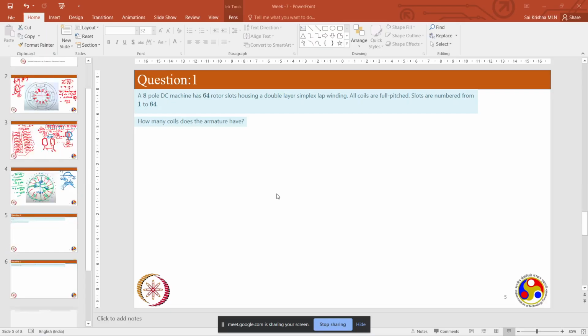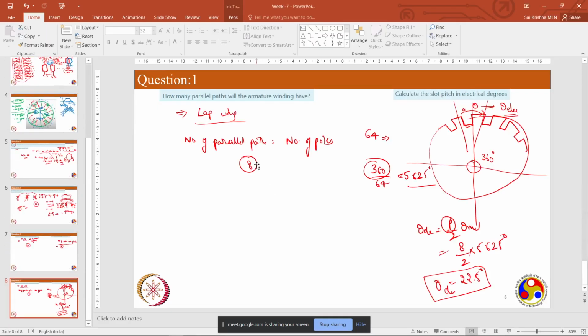So I think that's it. Today it was a bit of a long discussion on DC machine winding construction, how to decide how many brushes we need, and how we can get DC output out of the AC machine. After this session, please go through today's session once again, and you will see how interesting it is, how we get DC voltage output from the AC input. I hope these concepts are clear.